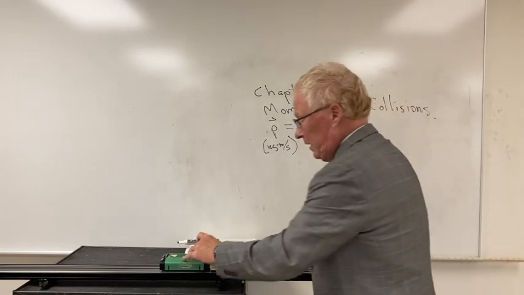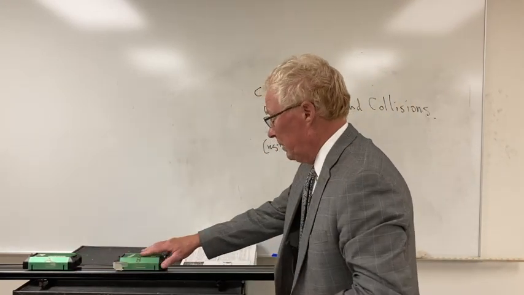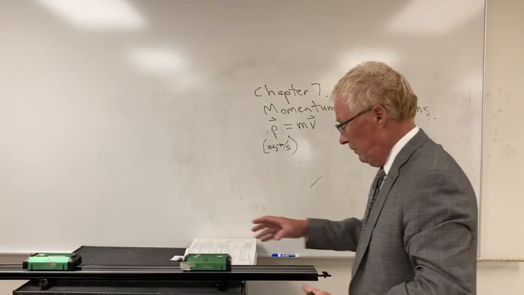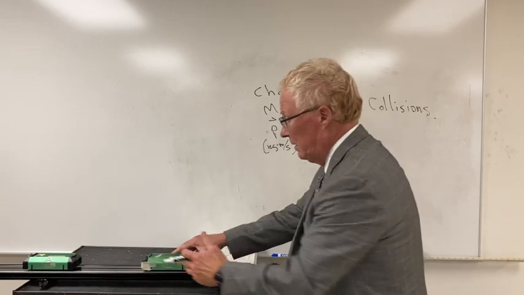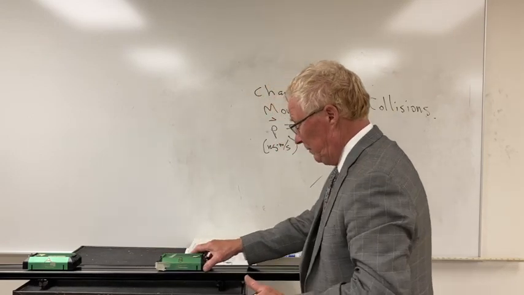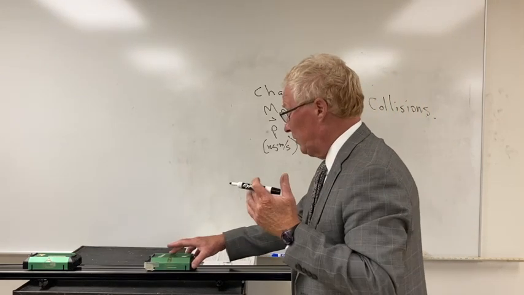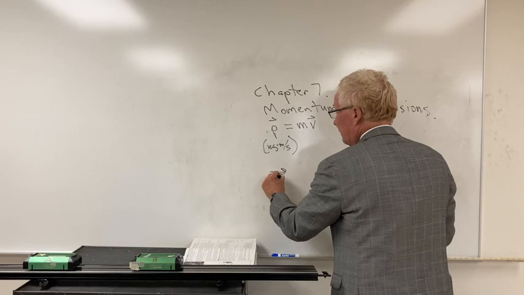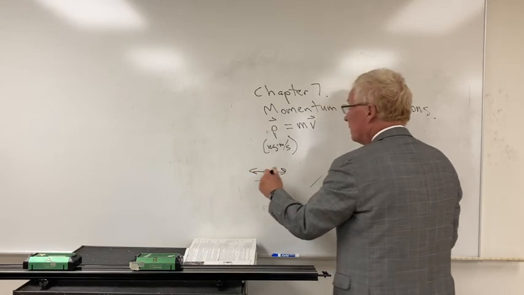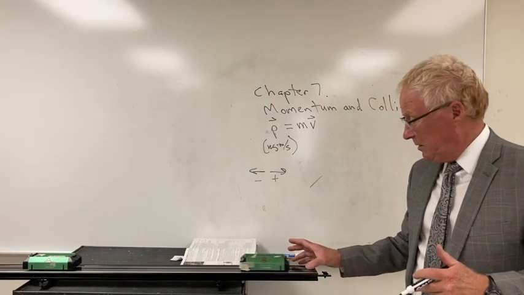So if I take this cart, and it moves at a particular velocity, the mass of the cart times the velocity is the momentum. Now it depends on the direction. So in this case, if this is positive and that's negative, then this would have a positive momentum.